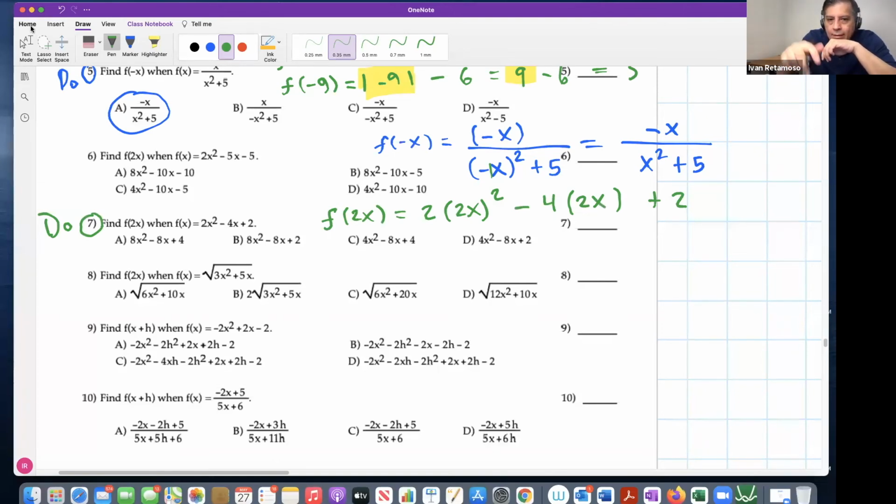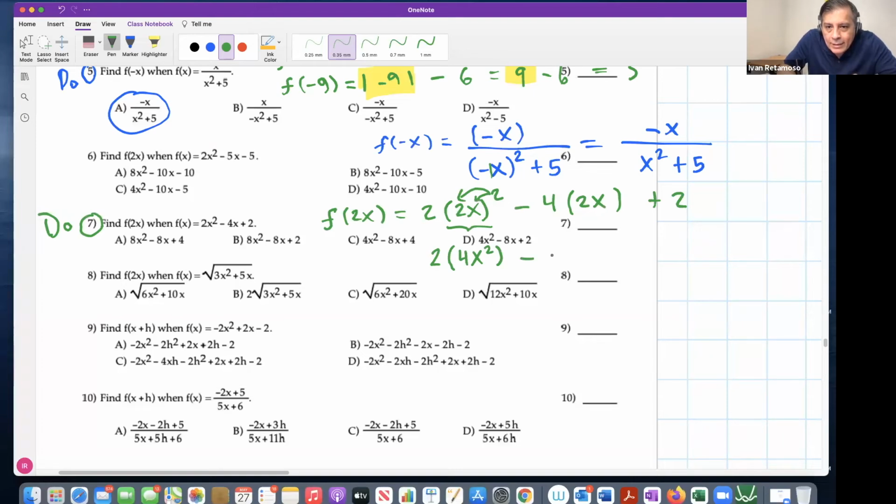Yeah, excellent. So notice exponents always first, right? Before multiplication. Remember PEMDAS and all that stuff that you learned before? Exponent first. So this 2 squared is 4, right? 2 times 4, and this x squared stays x squared.